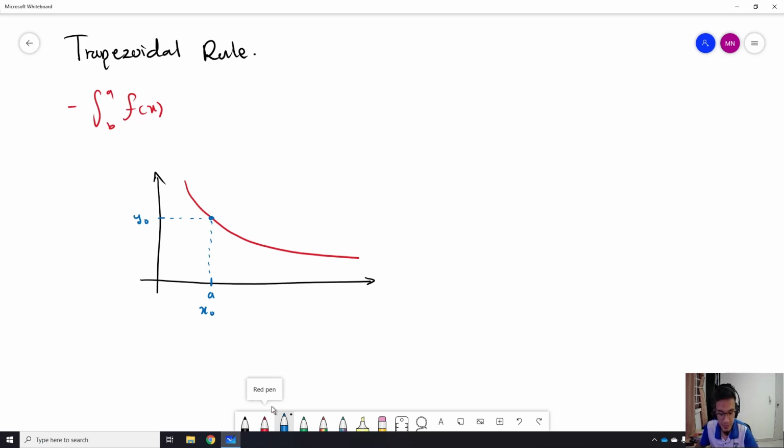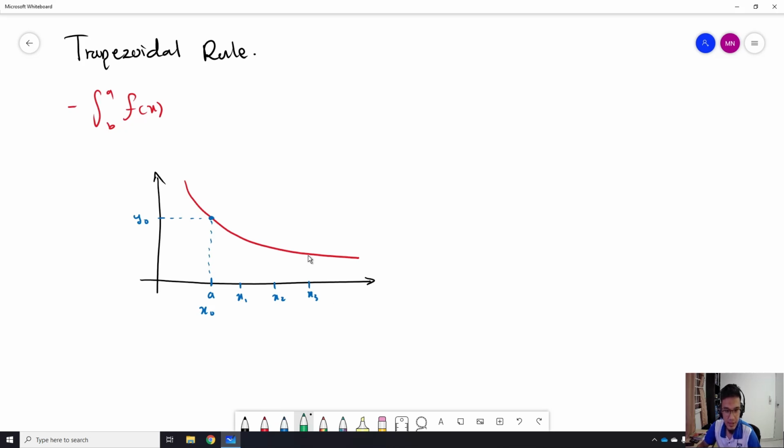When we have x naught, then that means we have x1, x2, x3, and so on. Let's say for right now we do it only until x3. What we want to do over here is find the area under the graph from x0 until x3.